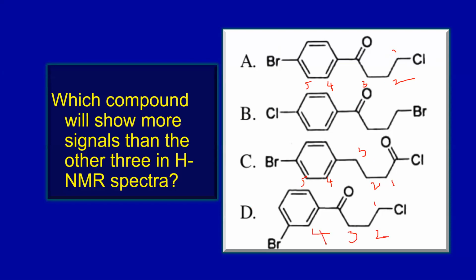Then this is 4, not similar. Not similar. 5, 6, 7. So this will give you 7. I think all others will give you 5 signals. So therefore, yes, this is giving 7 signals. All these 3 will give 5 signals each.